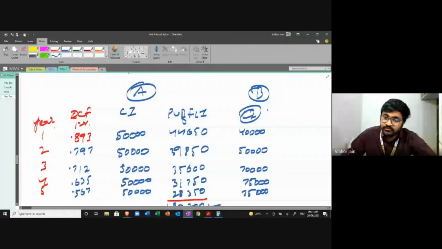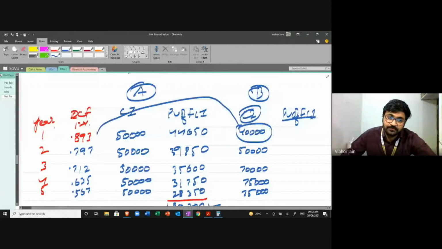The present value of future cash inflow is this into this.